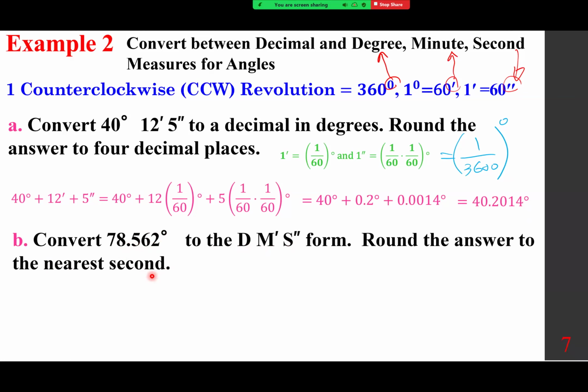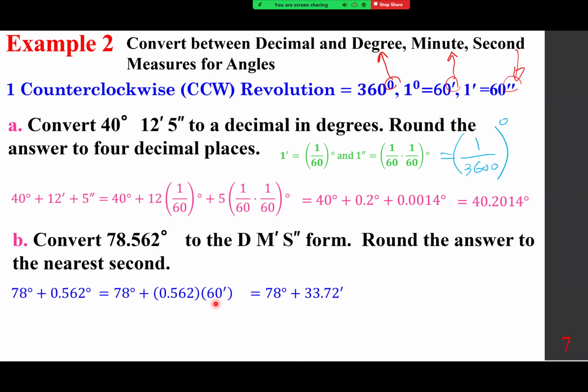So this is 78 degrees plus 0.562 degrees. This portion I can multiply by 60 to change it to minutes. So the decimal portion, I multiply by that.